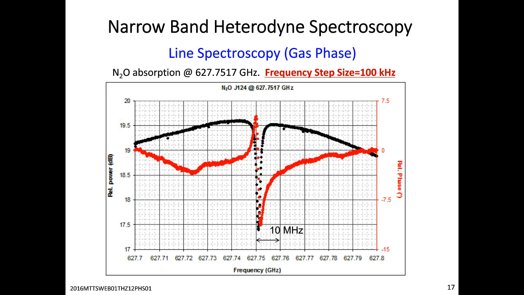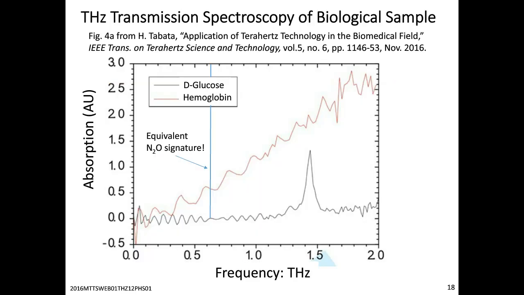And if I switch over here to one of the better techniques for measuring spectral lines in liquids and solids, this one being an example of a mesh technique that was used to demonstrate the spectral content for hemoglobin and D-glucose dextrose in a powder form.